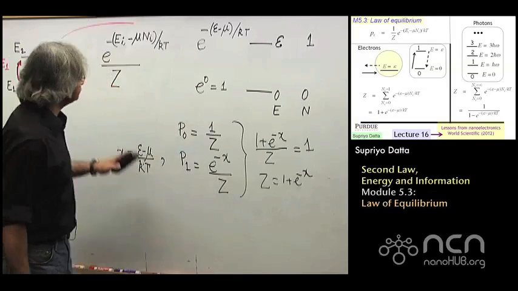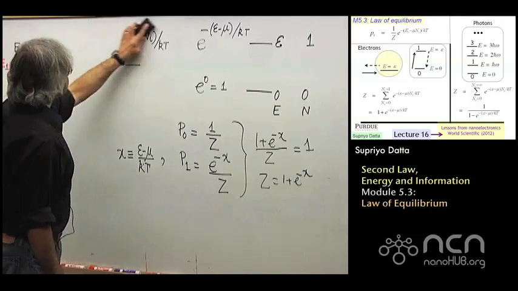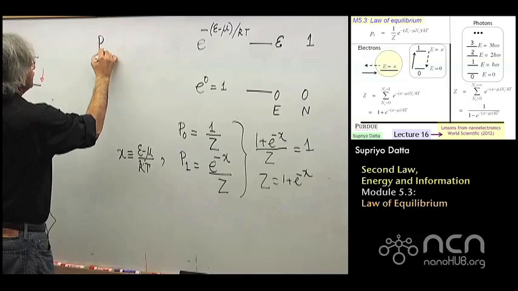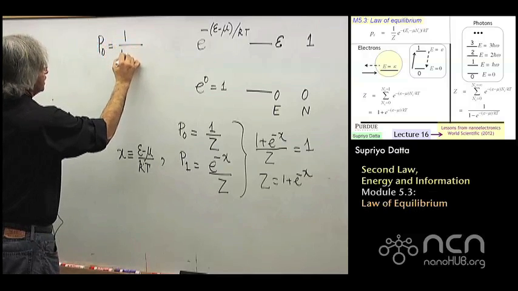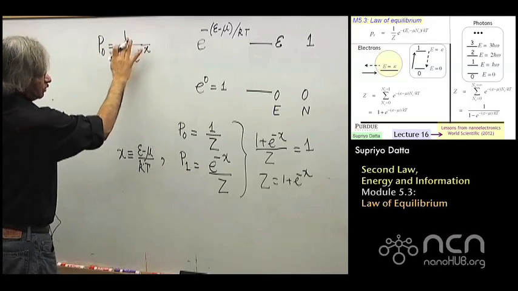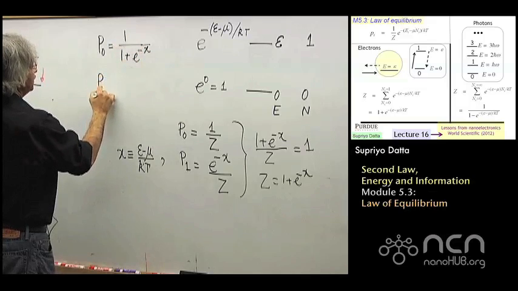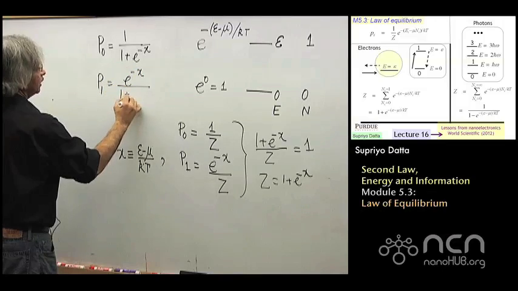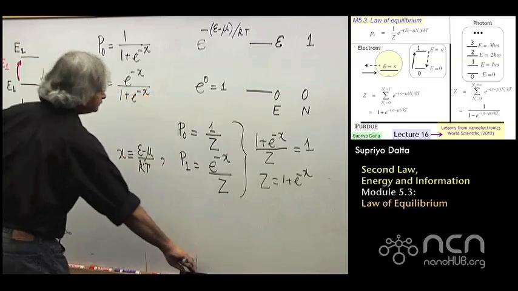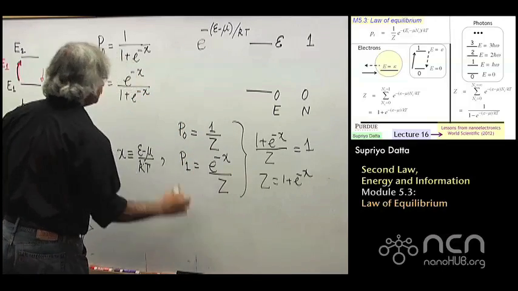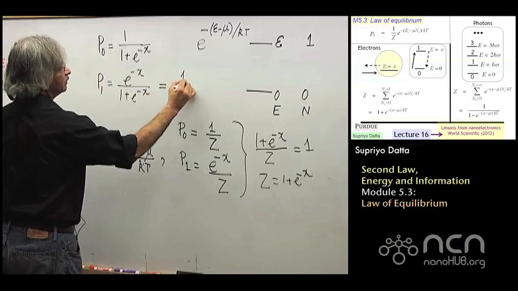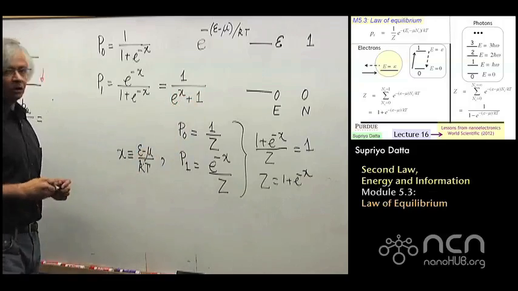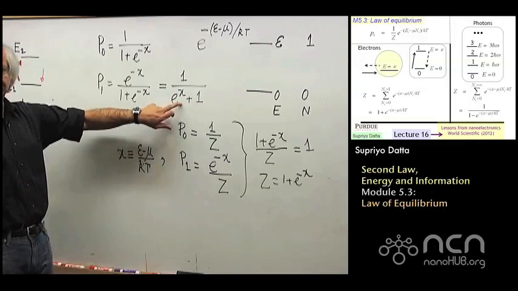So now I am ready to find P0 and P1. Let me write it here. I could write P0 as 1 divided by 1 plus e to the power minus x, that's 1 over Z, and P1 is e to the power minus x divided by 1 plus e to the power minus x, which you can write as 1 divided by exponential of x plus 1. And you'll notice, of course, that's exactly the Fermi function.